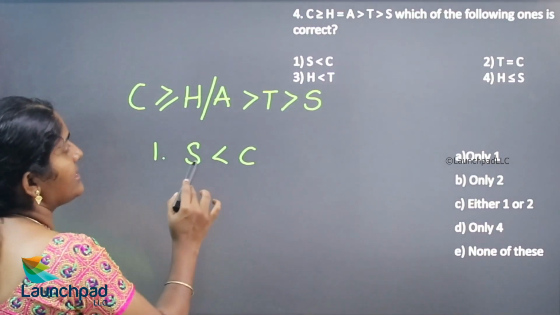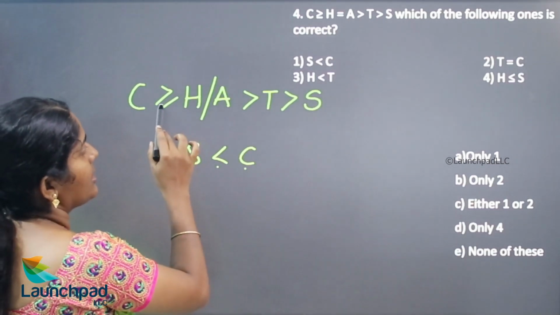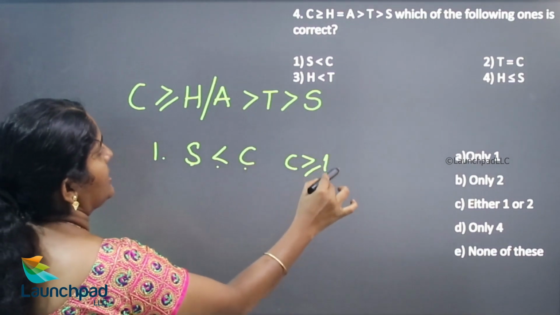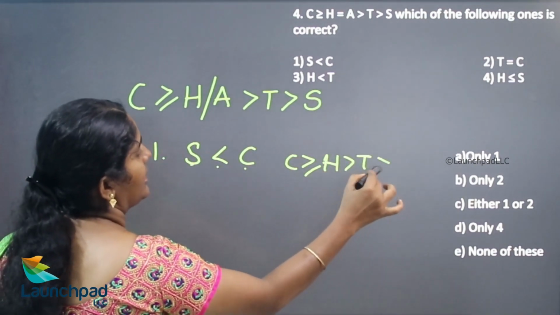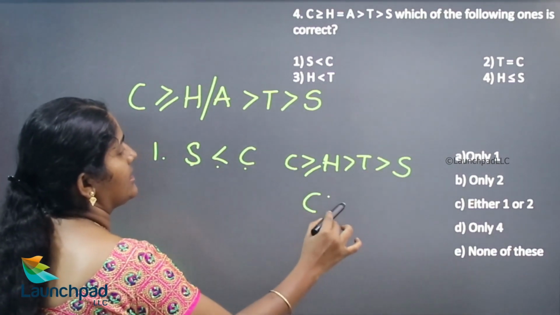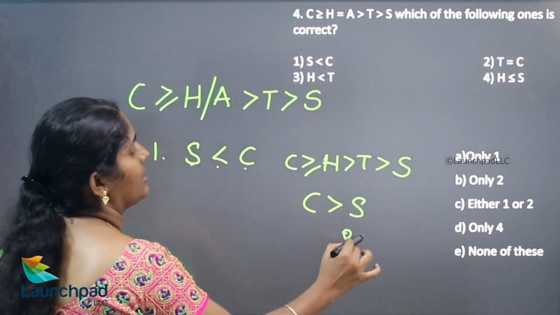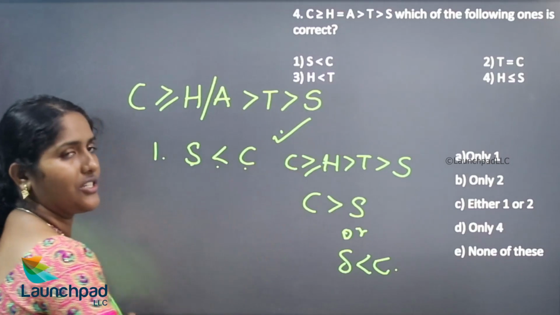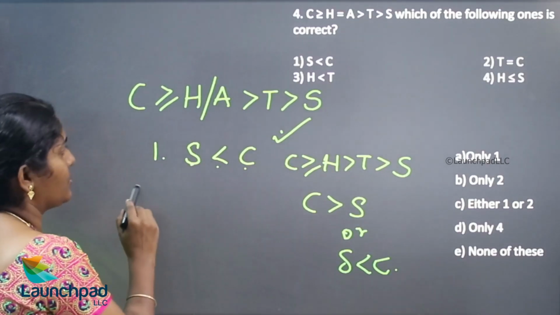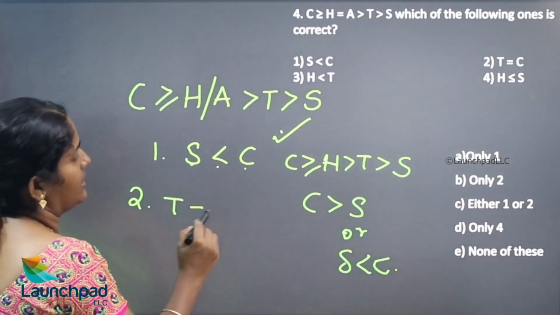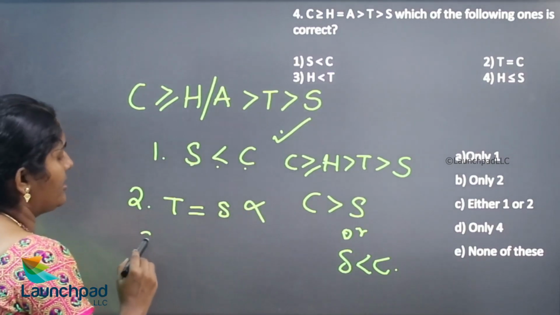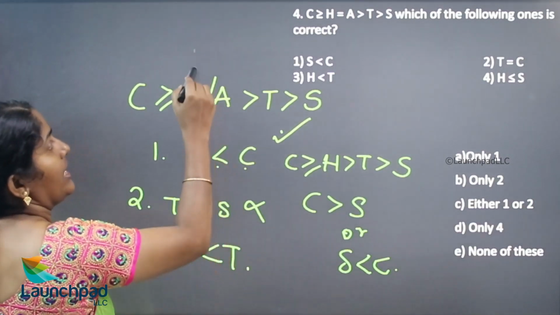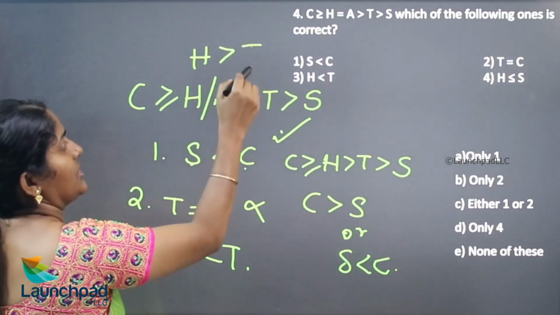Here S is less than C. So what is the common symbol? C is greater than or equal to H. H is greater than T. T greater than S. Hence C is greater than S. In another term, S is less than C. It is right. And second conclusion, T is equivalent to S. It is wrong. And your third conclusion, H is less than T. So H is greater than T only.